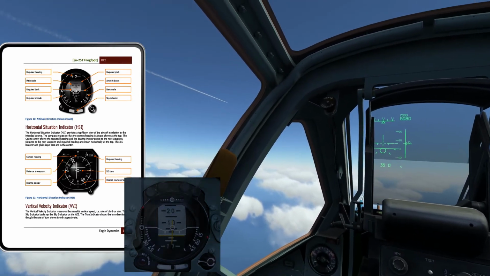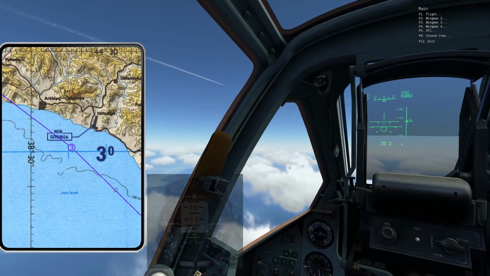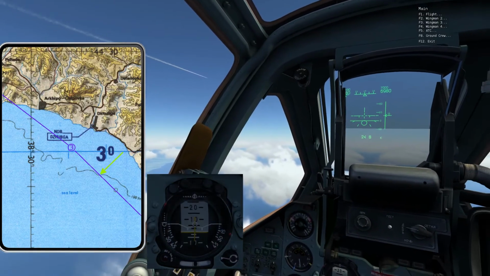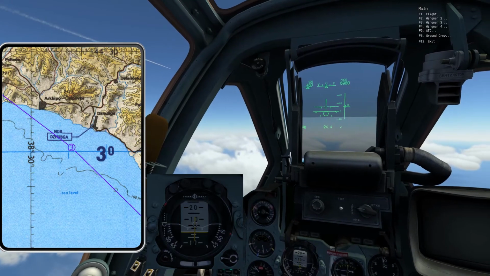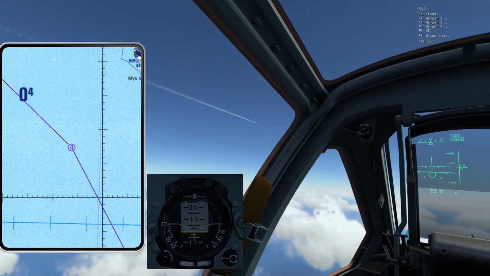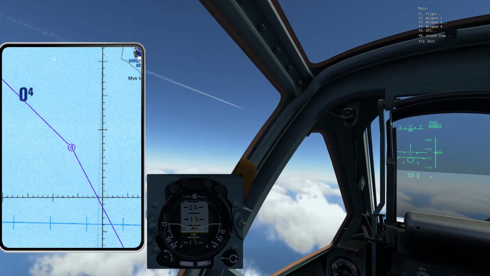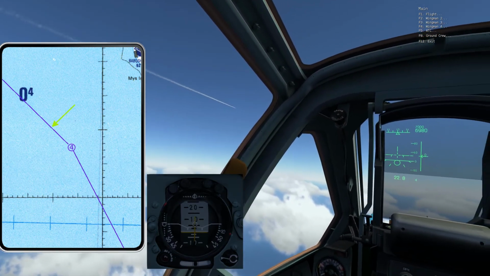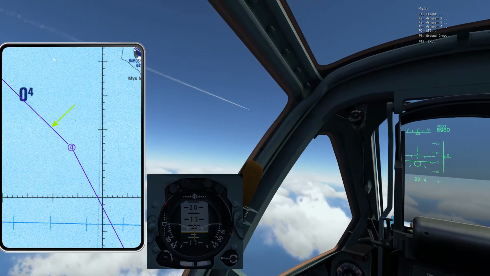So if we go to that map, this line that goes from waypoint 3 down to waypoint 4, that line is called the course line.